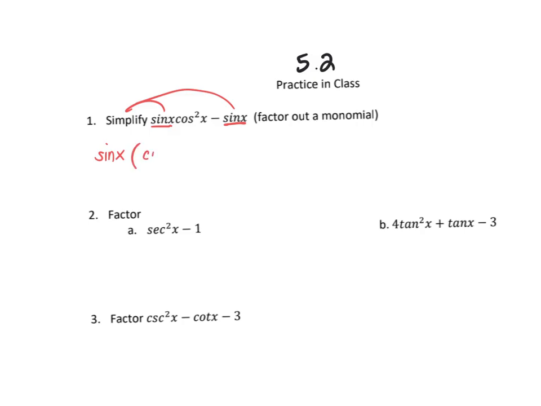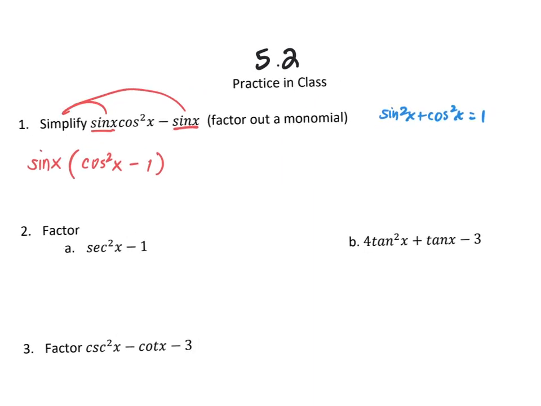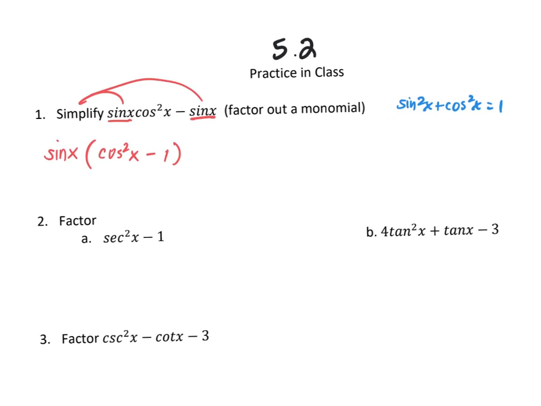And what's left is going to be cosine squared x minus 1. And that reminds me of a Pythagorean identity. Okay, cosine squared x minus 1, I can do some maneuvering to make our identity look like that. So I can subtract sine squared from each side.